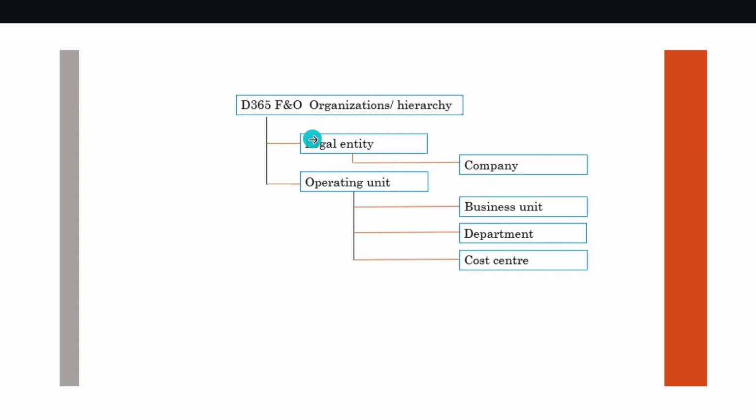F&O supports a subunit as an operating unit in the application hierarchy. Now, an operating unit is nothing but an internal division within a parent group such as a company. F&O gives various types of operating unit such as business unit, department, cost centers, value stream, and a few more.